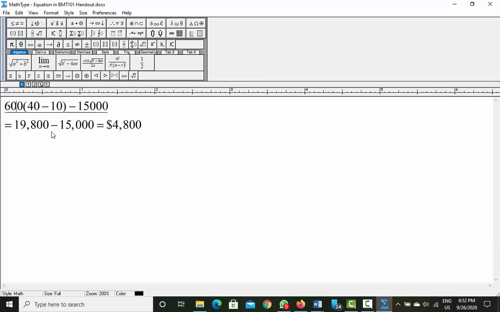So 600 multiplied by 40 minus 10, which is 30. So 600 multiplied by 30 minus 15,000. That is 18,000 minus 15,000, which is $3,000.